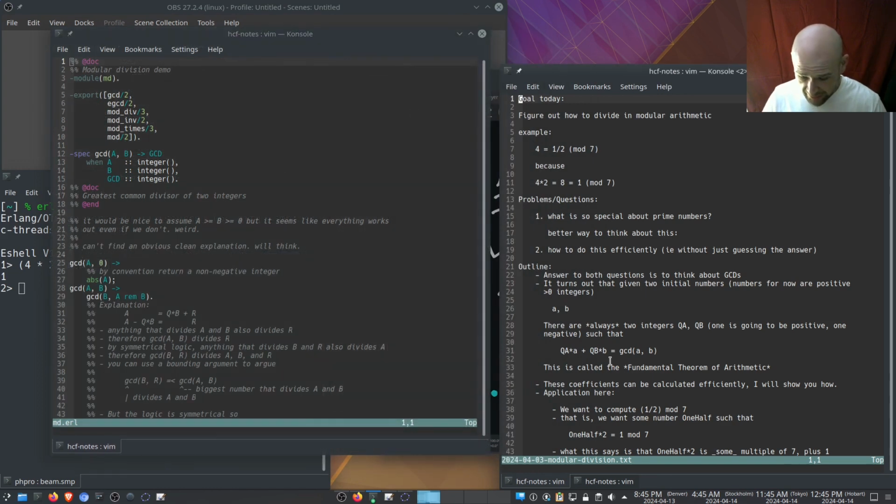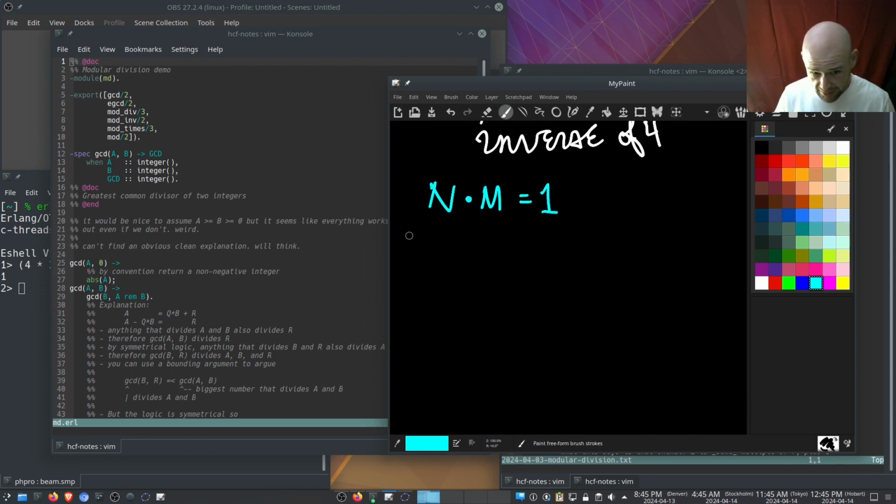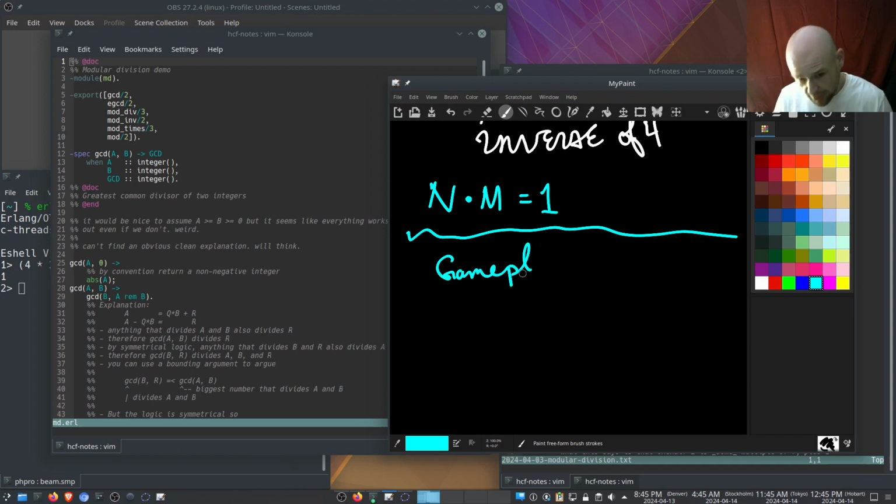All right. So what's our game plan here? What actually turns out to be important, almost more important than prime numbers, is the greatest common divisor between two numbers.